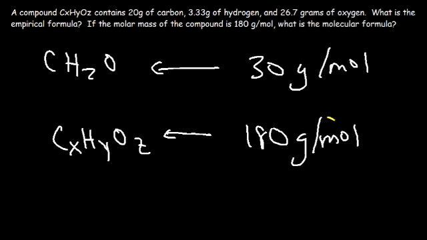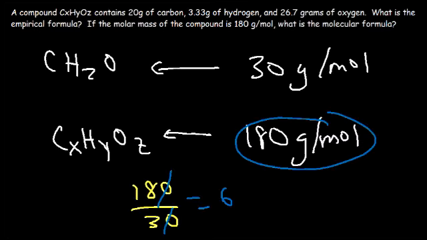So what you need to do is divide these two numbers. 180 divided by 30 is the same as 18 over 3, which is 6. So because the molar mass of the compound is 6 times more, we need to multiply the subscripts by 6.